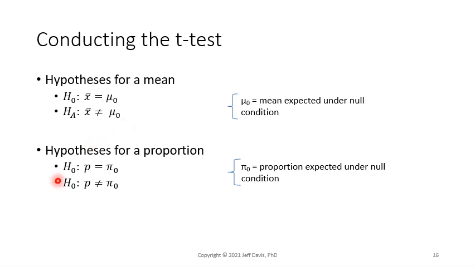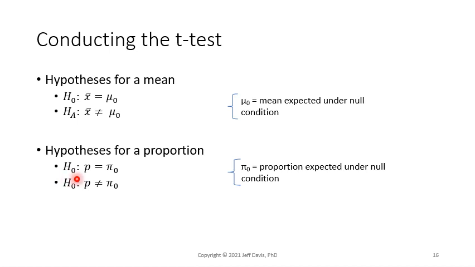Roughly the same thing here for the proportion. Oops, that's supposed to be HA right there. Sorry, that H0 is supposed to be HA.